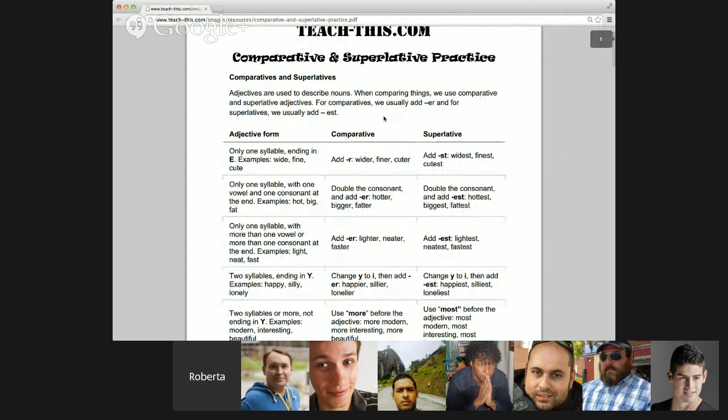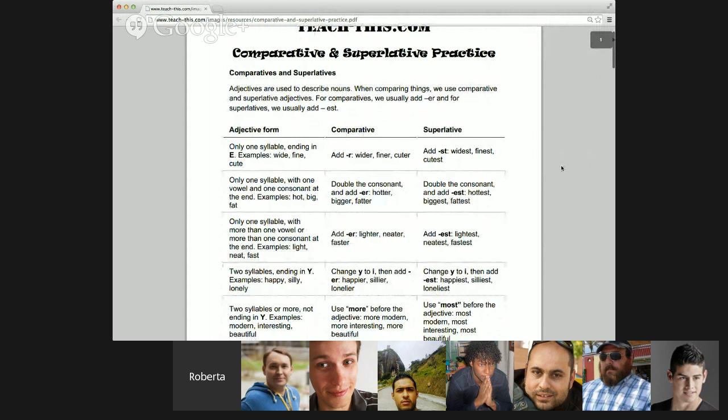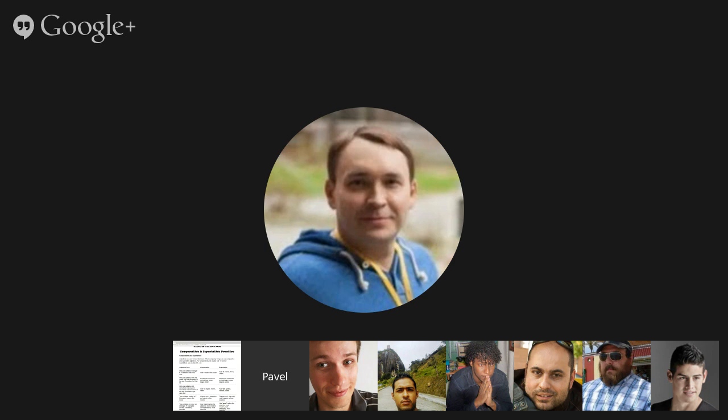Let's read a little bit about comparatives and superlatives. These are just some basic rules that I want us to remember whenever we are looking at some more comparisons in a little bit. So, Pavel, can you read what it says under comparatives and superlatives from the top of the page? Comparatives and superlatives. Adjectives are used to describe nouns.